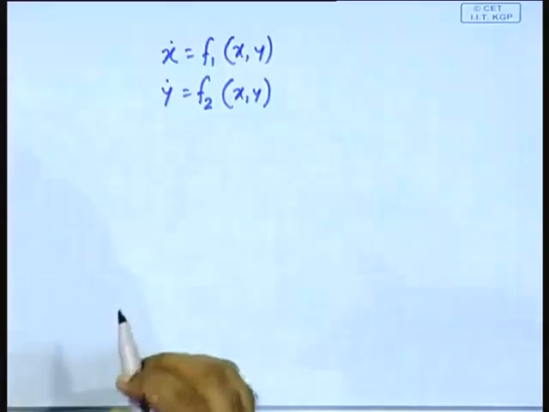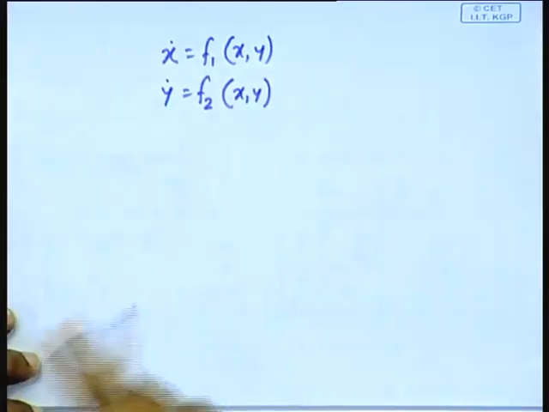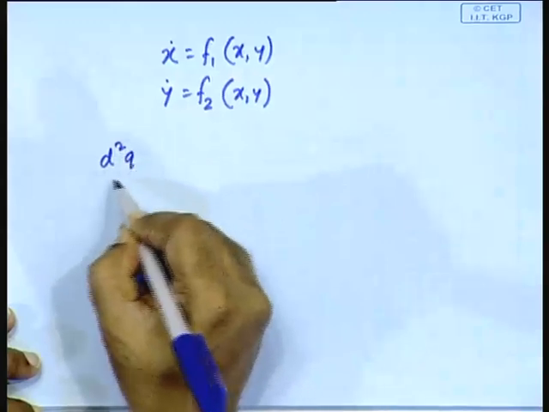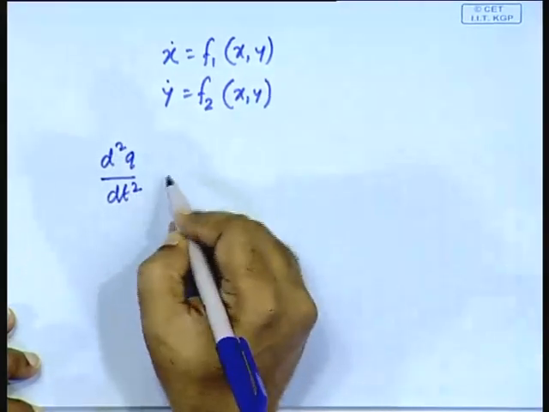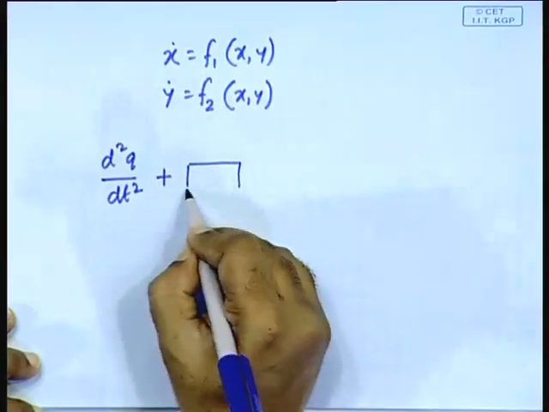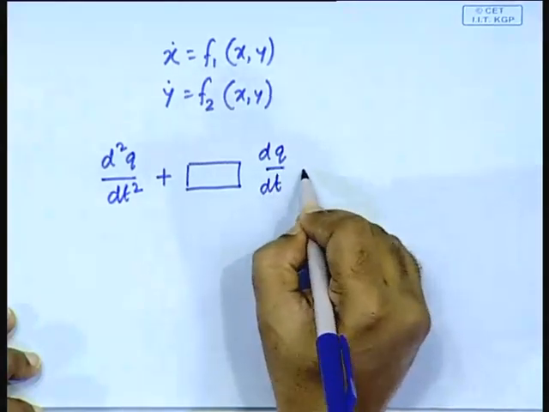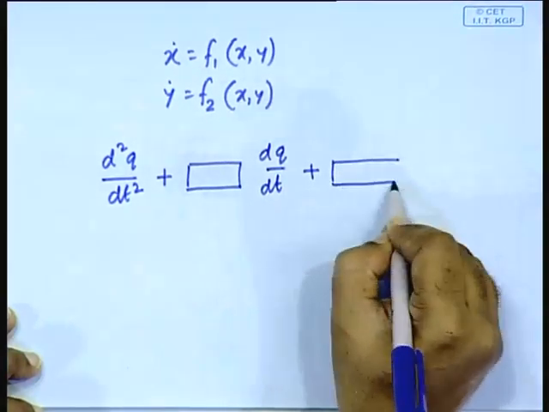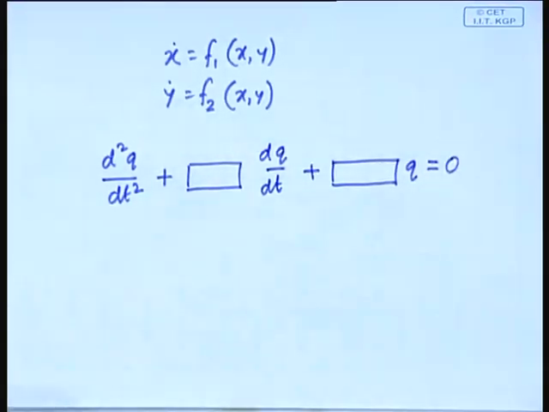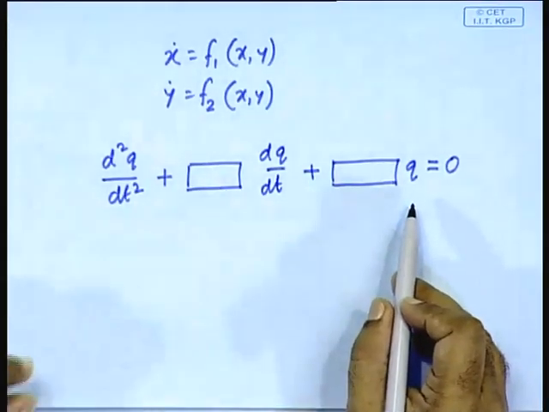Normally the equation will be given in the form, if q is a state variable, second order equation would be d2q/dt2 plus something times dq/dt plus something times q is equal to 0. We normally have equations given in this form.